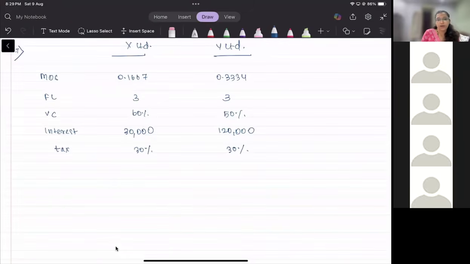They have asked us to prepare the income statement. To find the income statement, we need EBIT and all those figures. So let's first find out those things and then we'll go to the income statement.